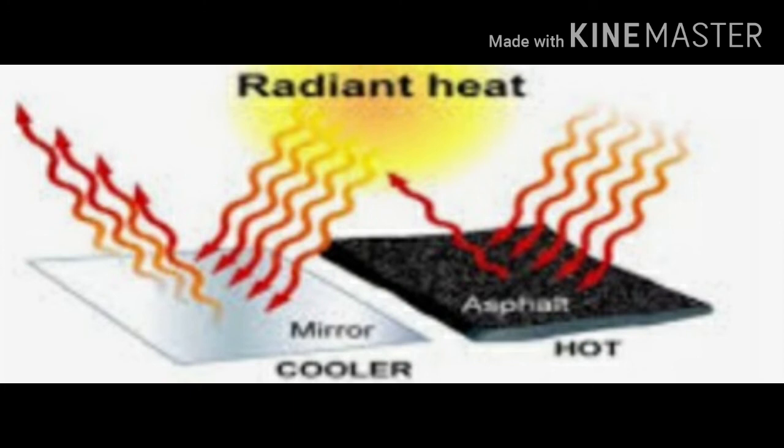People prefer to wear white clothes or light colored clothes in hot summer days because white clothes absorb less heat from the sun. That is, white clothes reflect most of the sun's heat rays on them and keep us cool and comfortable in hot weather.